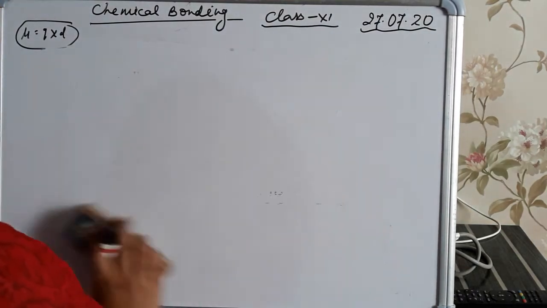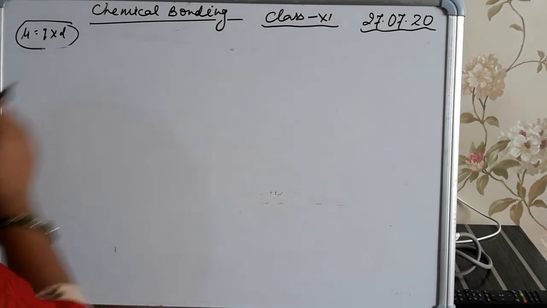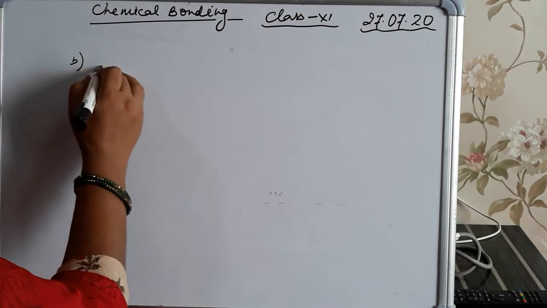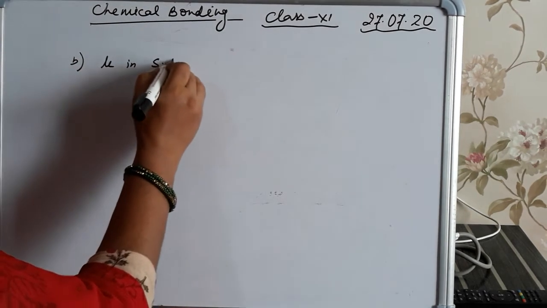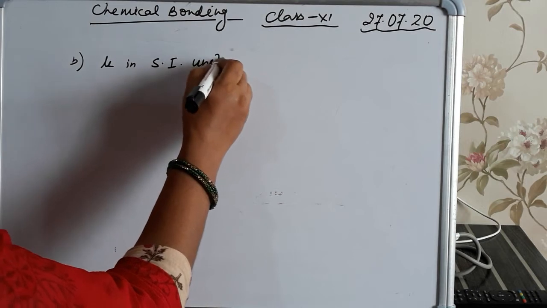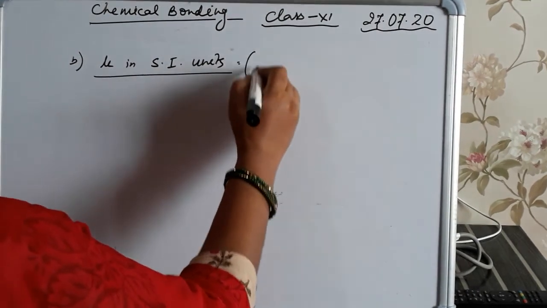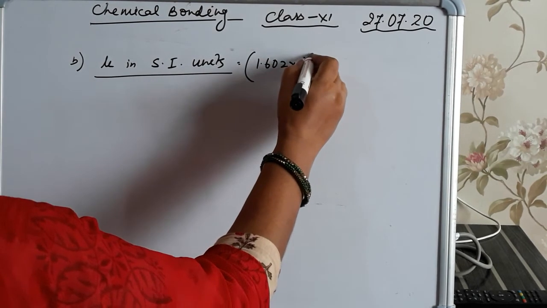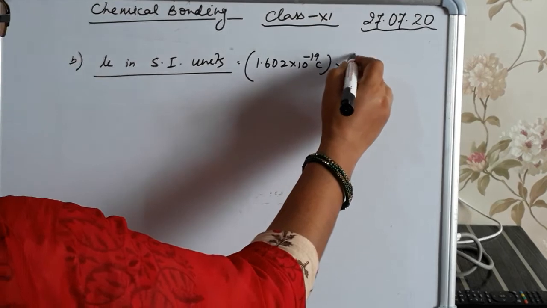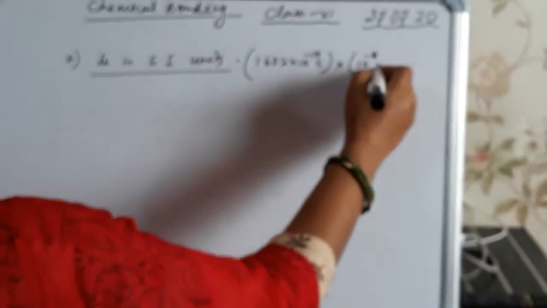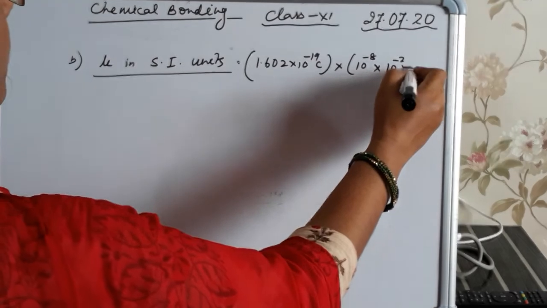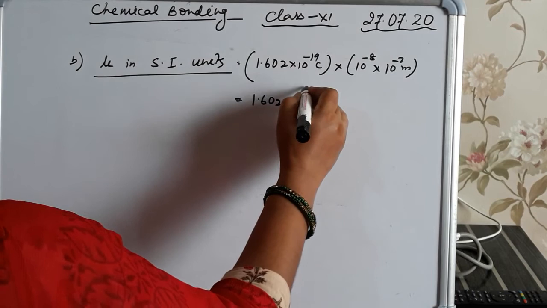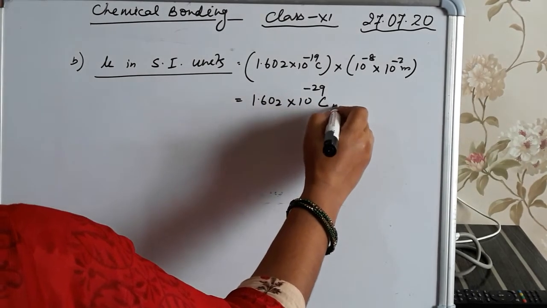So let's see mu in SI units. The charge on the electron is 1.602 into 10 to the power minus 19 coulomb, and the distance is 10 to the minus 8 into 10 to the minus 2 meter. So it comes 1.602 into 10 to the power minus 29 coulomb meter.